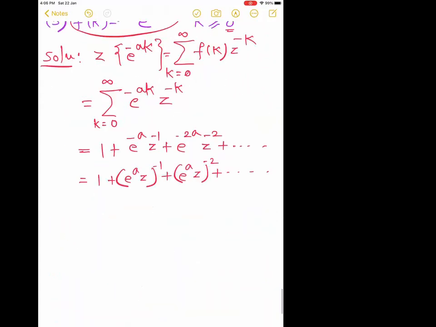Okay, so instead of this negative power, we will just take it because it is in the increasing power.